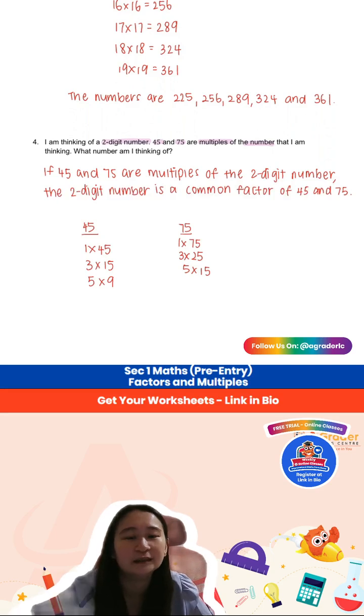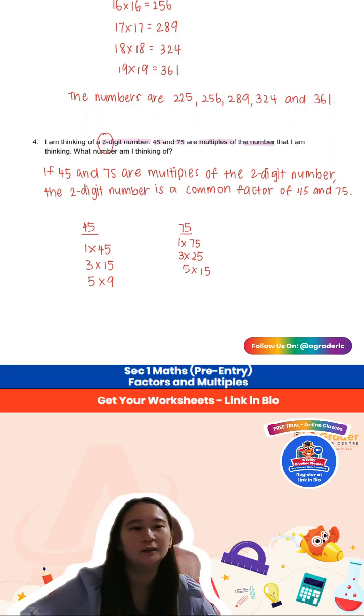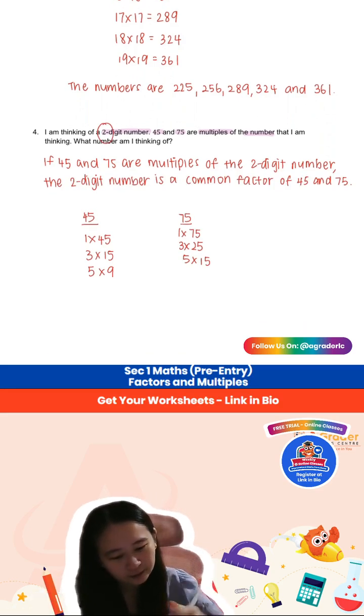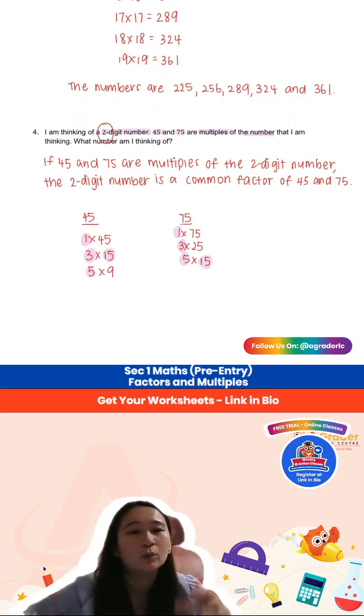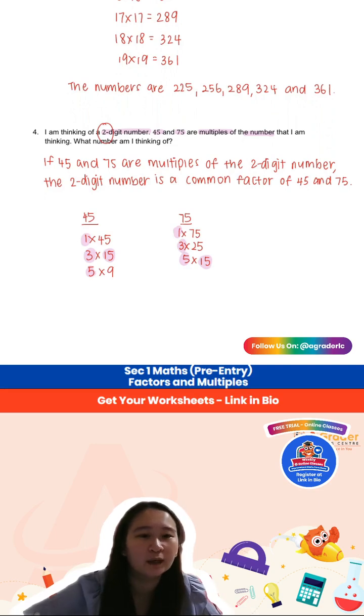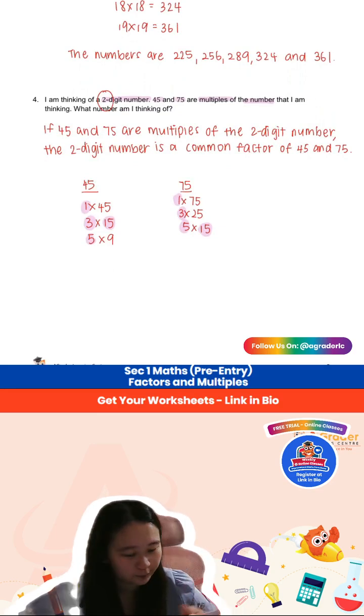No, 5 is a 1-digit number. I am thinking of a 2-digit number. Okay, so we can see that 1, 3, 5, and 15 are the common factors. But there's only one number that is a 2-digit number. So therefore the number has to be 15.